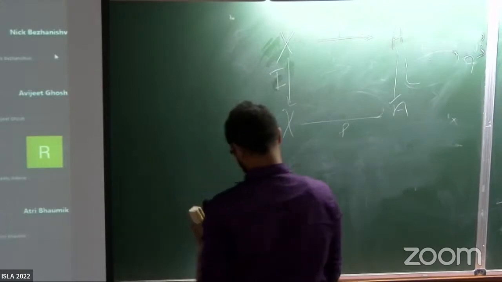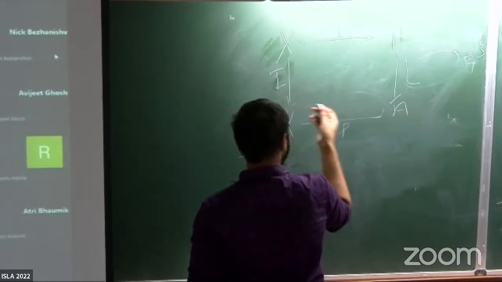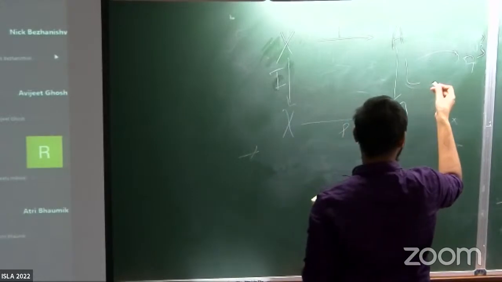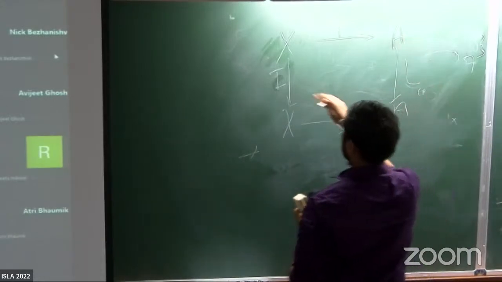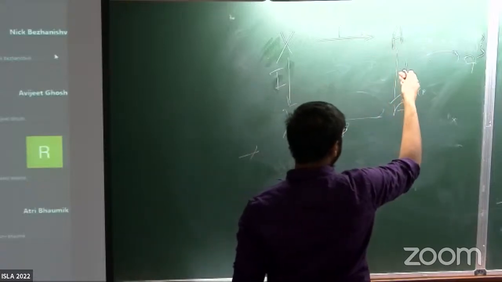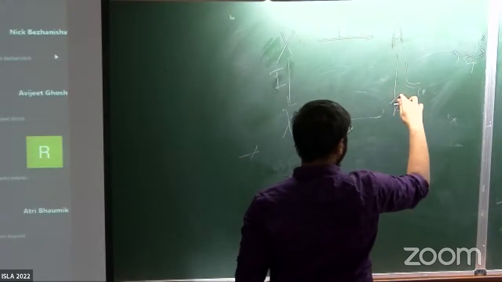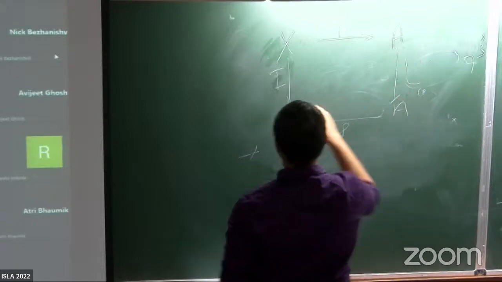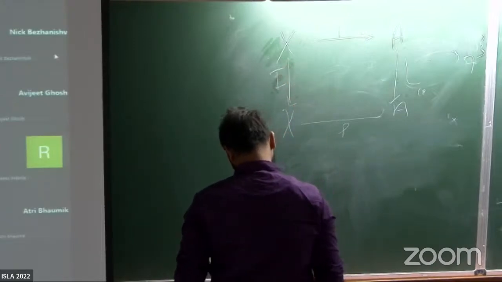This is L, which represents the algebraic semantics of modal algebra, and this represents the transformations going between them.